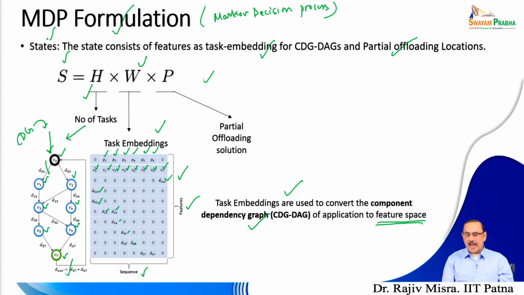So, the feature space now has a representation of this component dependency graph and DAG, and this represents the state. This entire scenario represents the state in the MDP formulation.